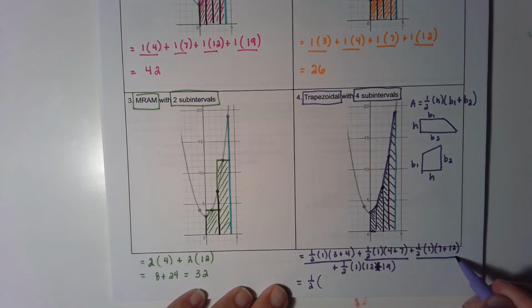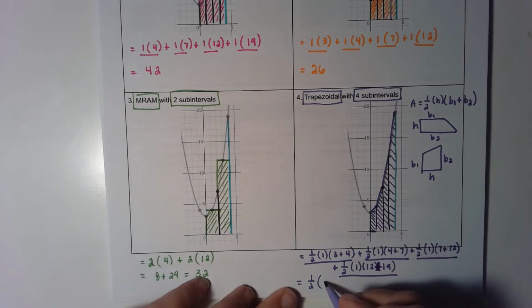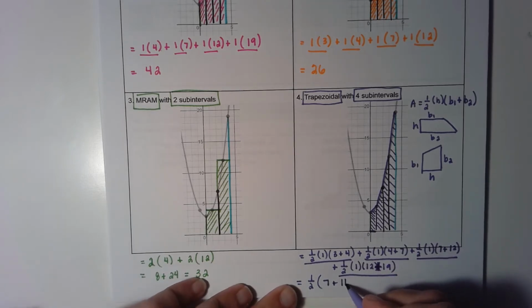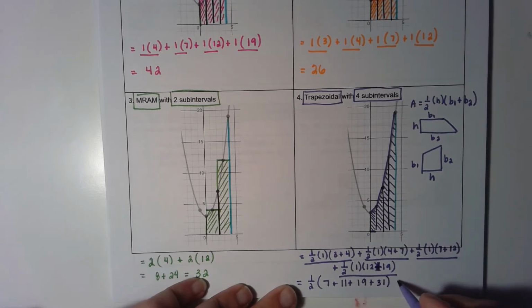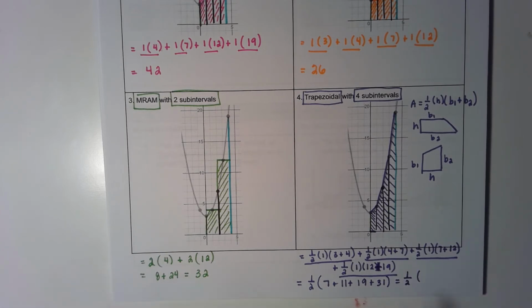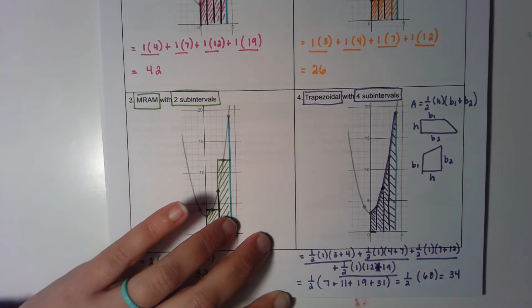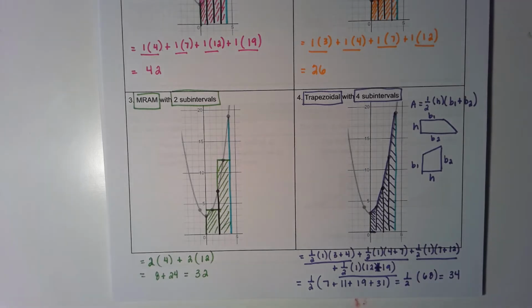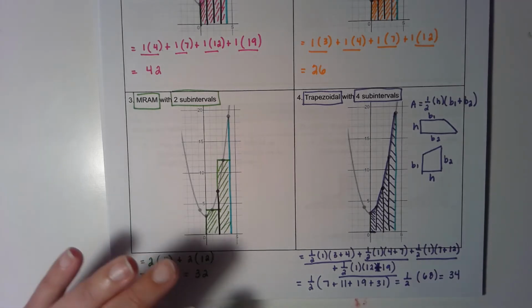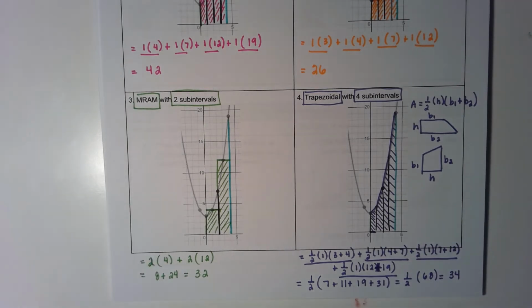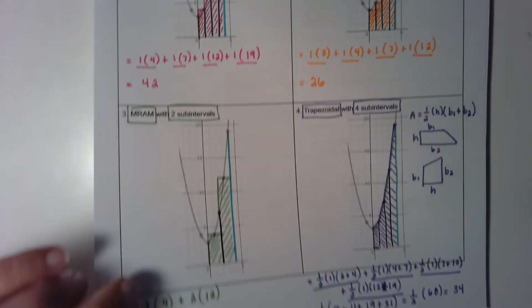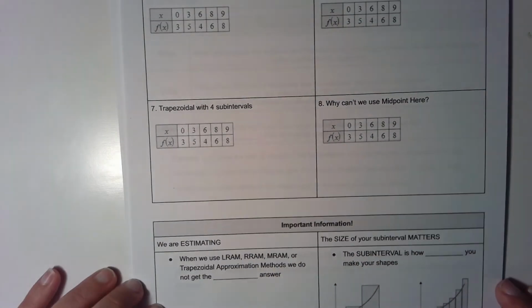So I'm factoring out the 1/2 so that I can divide at the end. 3 plus 4 is 7, plus 4 plus 7 is 11, 7 plus 12 is 19, 12 plus 19 is 31, which means I'm going to have 1/2 times 7 plus 11 is 18, plus 19 is 37, plus 31 is 68, which means I get 34 as my final answer. And that is probably going to be the best guess that we have for our final answer because it's closest to following the function.